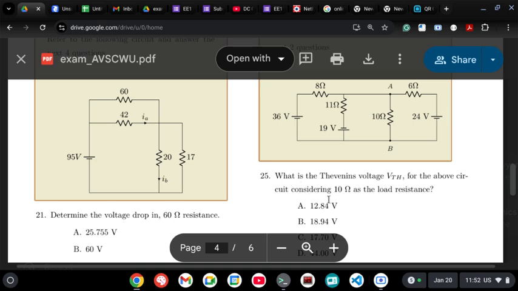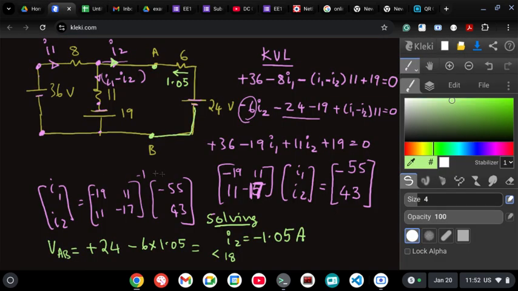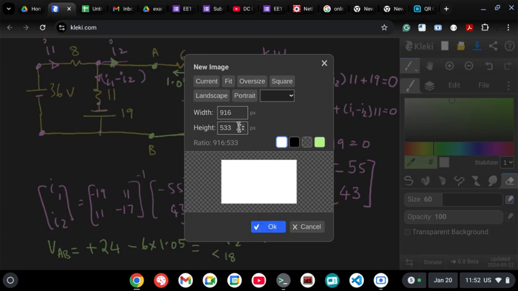Since we are anyway discussing this, let's solve the RTH also, Thevenin's resistance. Thevenin's resistance is very easy.